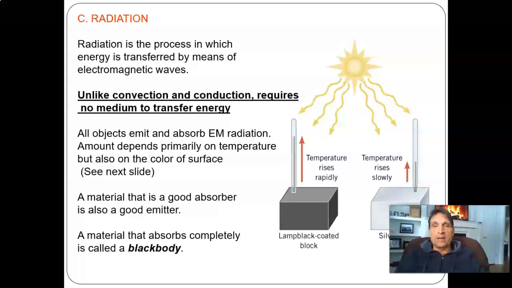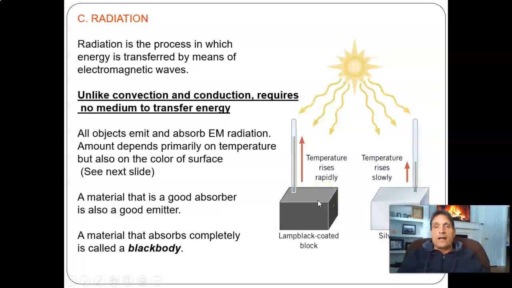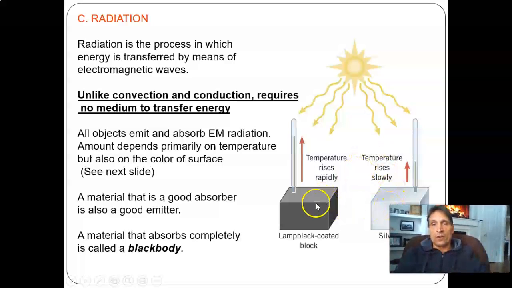And here's an example. So you have sunlight, and the sun strikes a dark surface, a black surface, and over here to the right, it strikes a highly reflecting surface. So absorbing, reflecting. The black surface will absorb almost all the sunlight, for a perfect black body, all of the sunlight incident upon it, and it will heat up more than the reflective surface, which reflects most of the radiation.